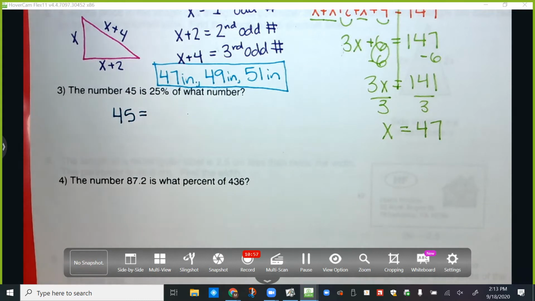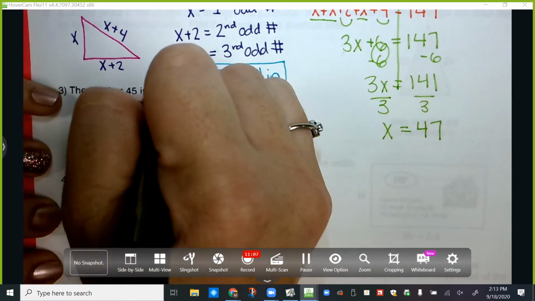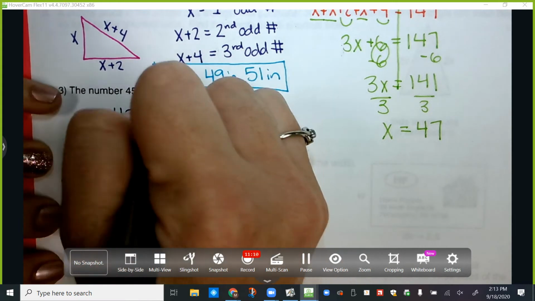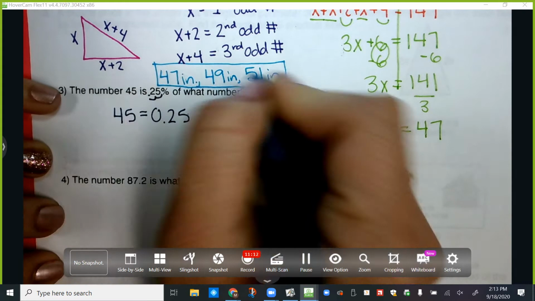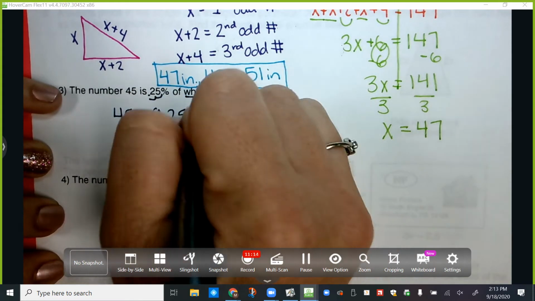But can I plug a percent into an equation? Yes, I can, but what do I have to do to the percent? I have to move my decimal to the left twice. 1, 2, and this becomes 0.25 of the unknown number. It says what number?